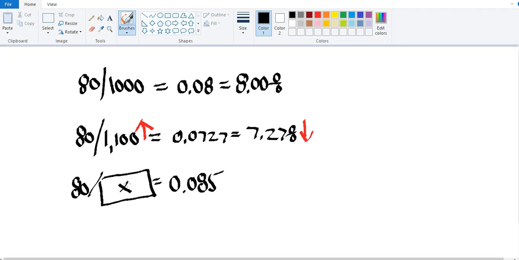Okay, welcome back. Let's see how we solve this question. What we need to do is isolate the x, and we will do this in two steps. We're going to multiply both sides by x. When we multiply the left side by x, we eliminate the times x and divided by x.